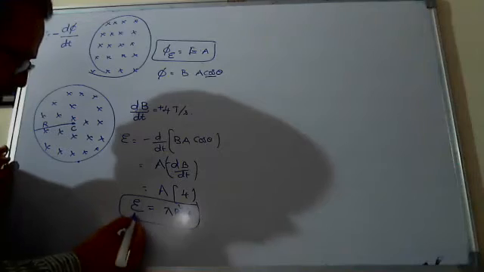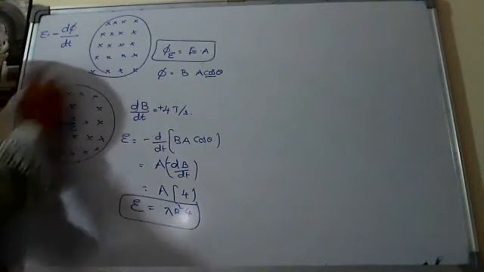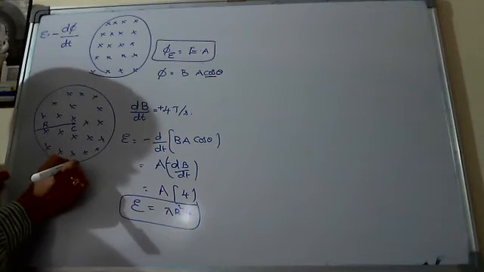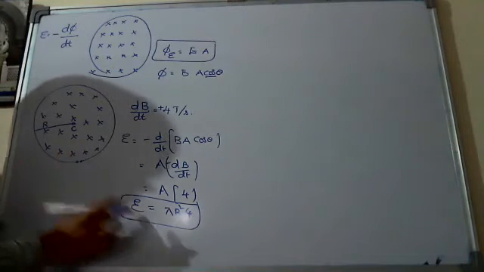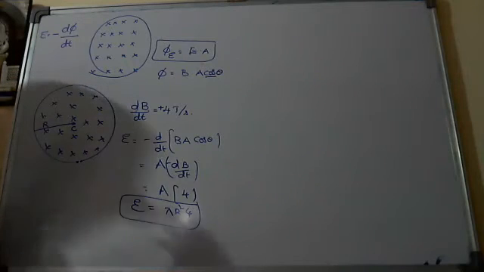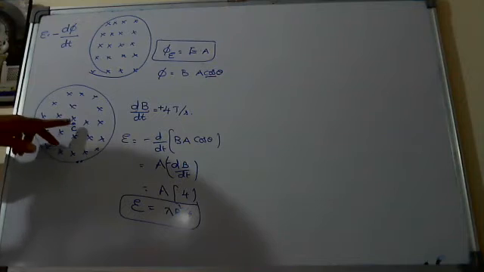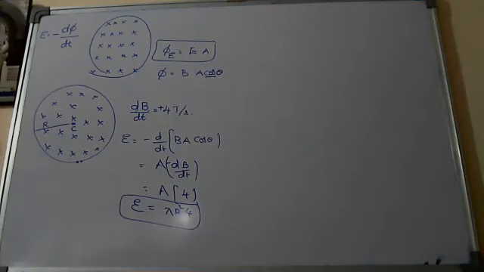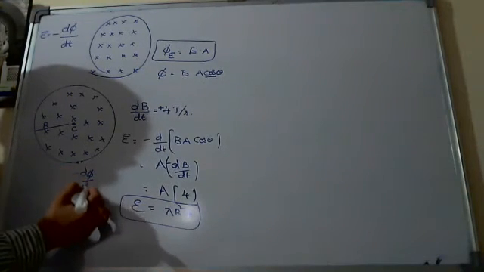When you come to numericals, that EMF you calculated is in this closed boundary, between any two points on the boundary, and the potential difference is minus d phi by dt. So we assume the cell only on the boundary, not between the center and a point on the perimeter. That is very dangerous, you have to take care. So we take that EMF as minus d phi by dt.